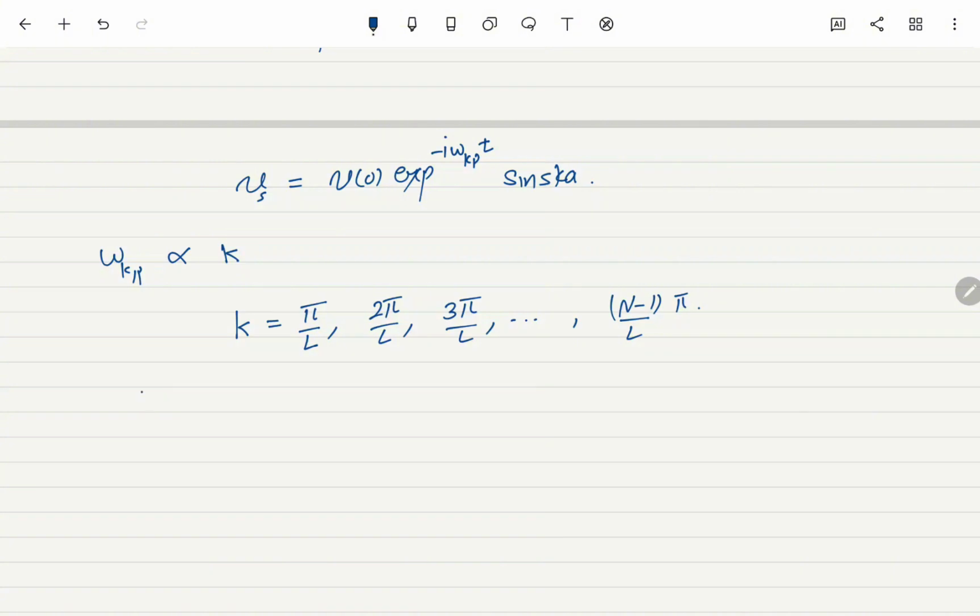Now if we substitute k equal to π/L, we will get u_s proportional to sine(s π a/L), and this solution vanishes for s equals 0 and s equal to N. The meaning of vanishing displacement here is that it's standing waves at both ends.